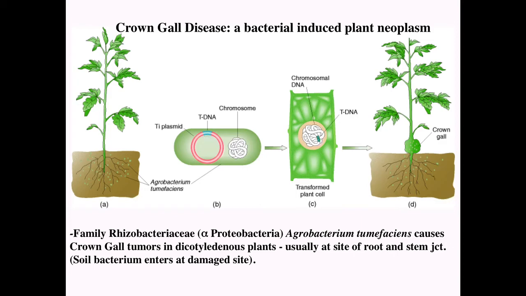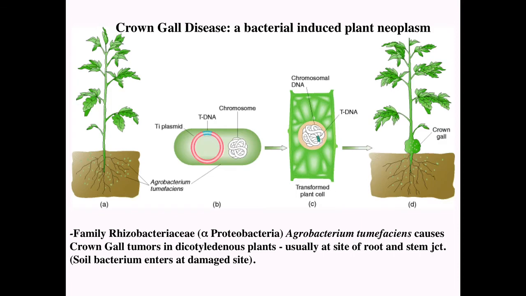But when this bacterium, Agrobacterium tumefaciens, has its Ti plasmid, and this bacterium doesn't have to have this plasmid. There are strains of Agrobacterium tumefaciens that do not have this Ti plasmid, but we're talking about ones that have this plasmid, because it's only a bacterium with this Ti plasmid that's capable of causing the crown gall tumor.